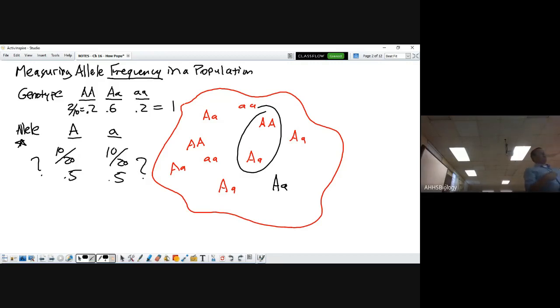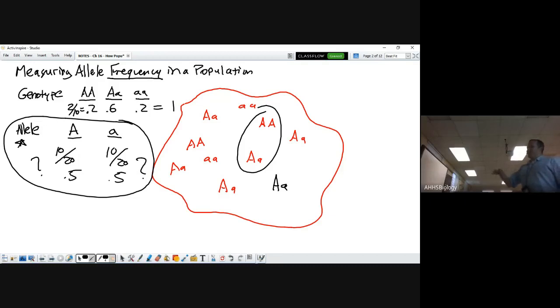What Hardy and Weinberg, it was two guys that did this, and this was way back in like the 40s or something like that. They said that evolution is actually defined as changing allele frequencies. Like if we let this population just grow and reproduce and die, grow, reproduce and die, and then we come back after 10 generations or after one generation, it doesn't matter.